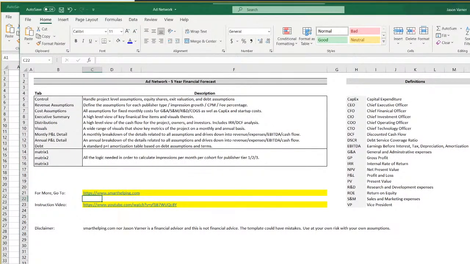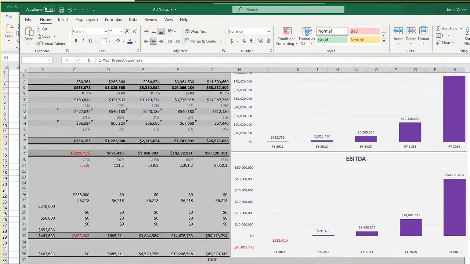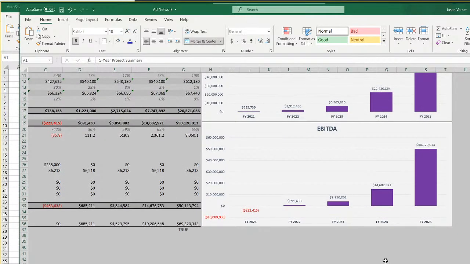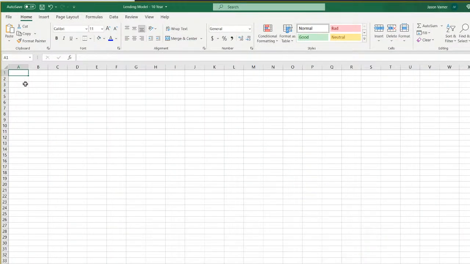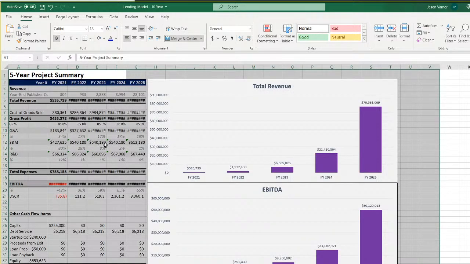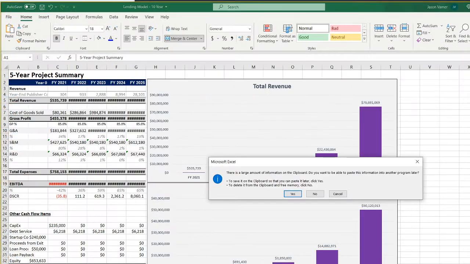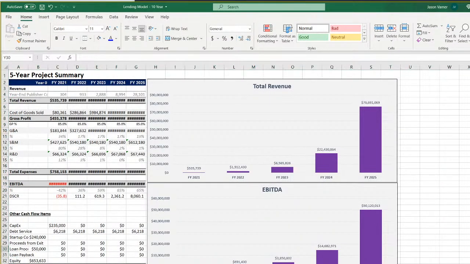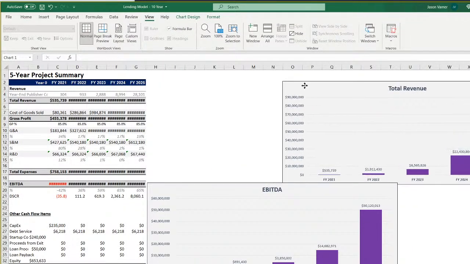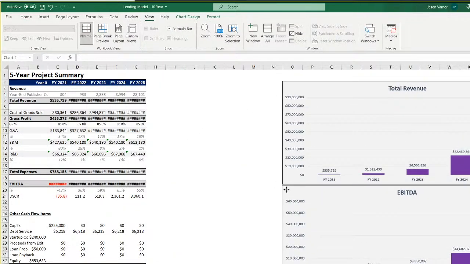Perfect. So bring that over. Alrighty, remove our grid lines. It's going to be drug out for 10 years instead of 5.